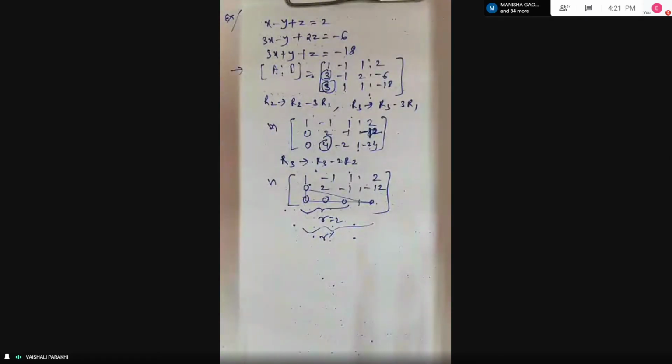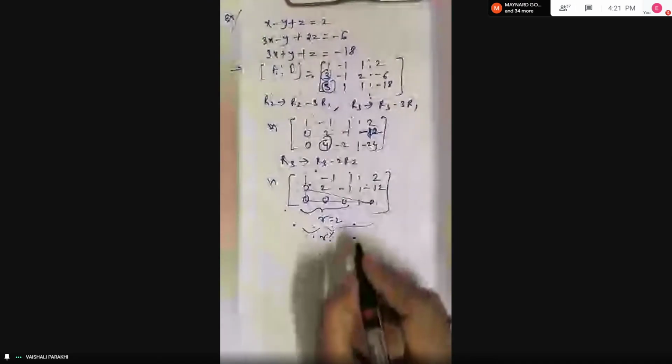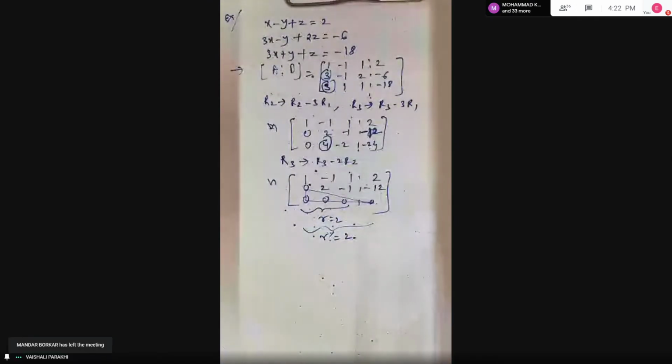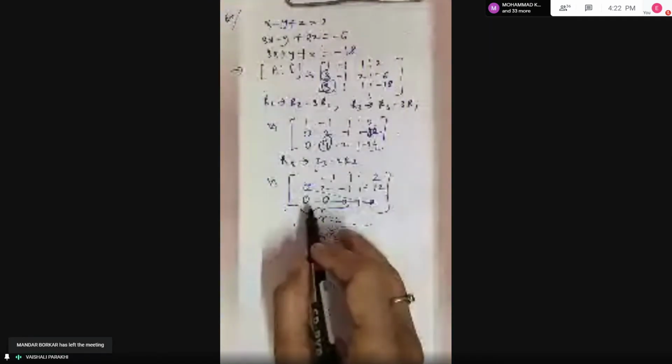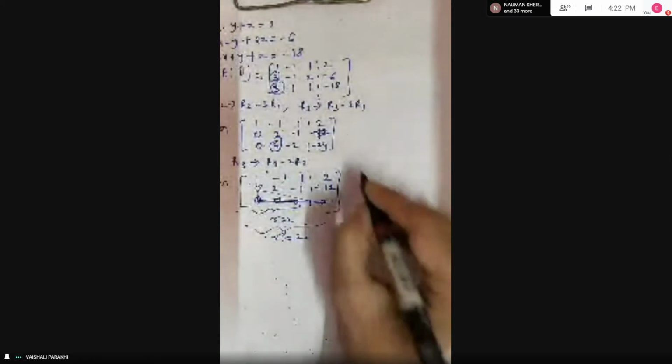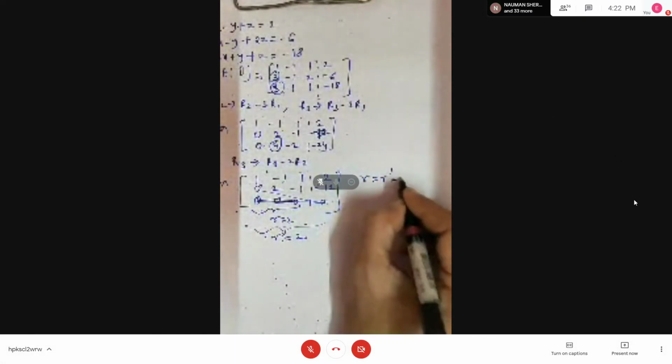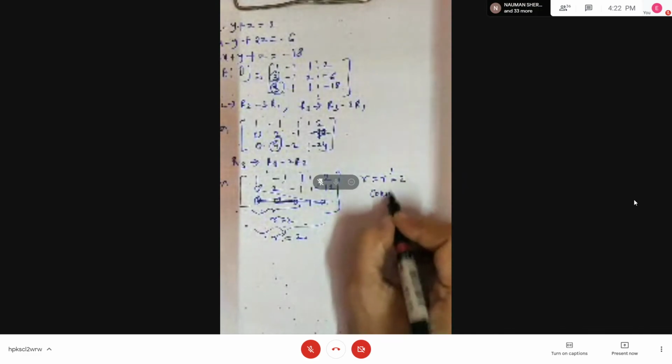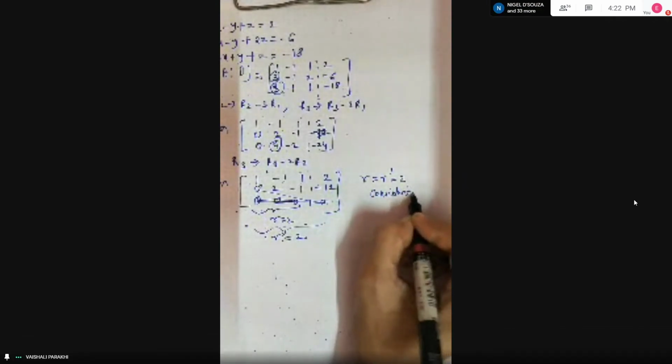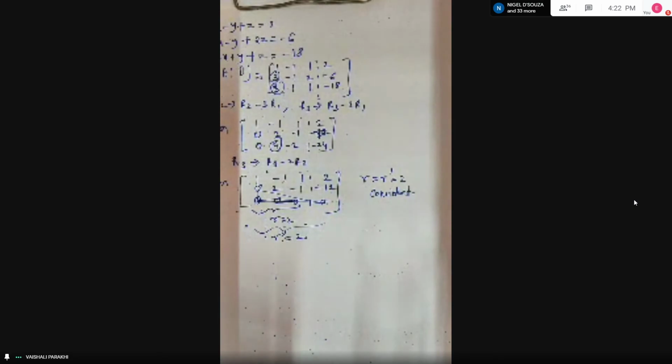R dash is 2. R dash is also 2, correct. Because the last row is 0 row, the full row is 0 row. So R is 2 and R dash is also 2. So clearly we say that R is equal to R dash is equal to 2. So our first answer is system is consistent. Correct?